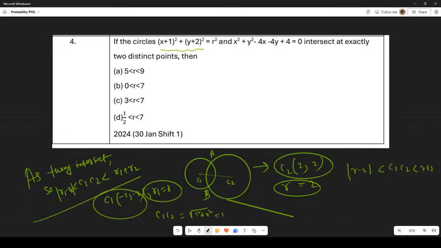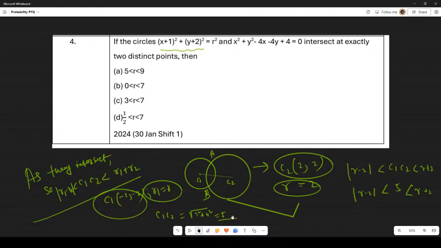Coming to the 5. So 5 is greater than mod R minus 2 and less than R plus 2. Okay? How to solve it? Mod R minus 2 less than 5 and radius positive.